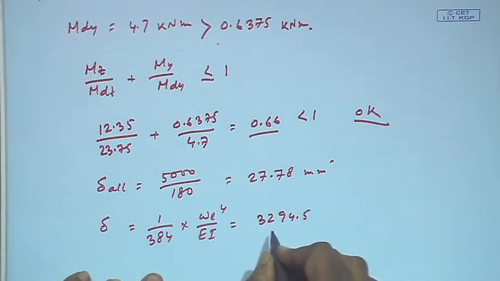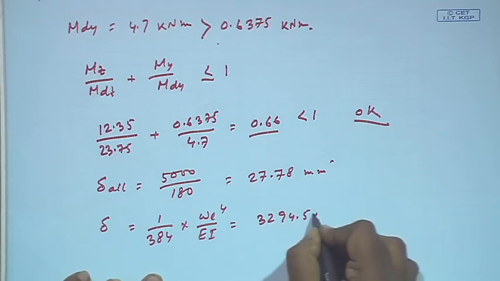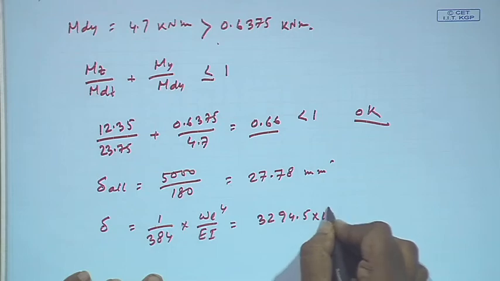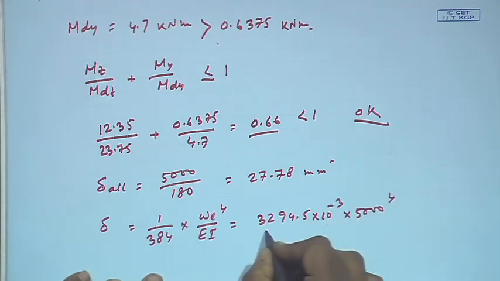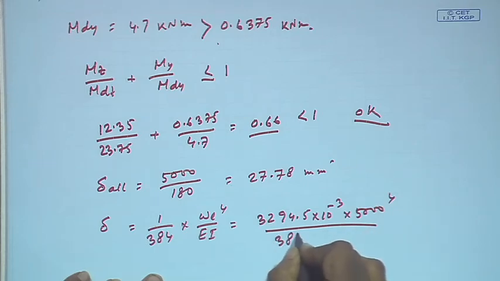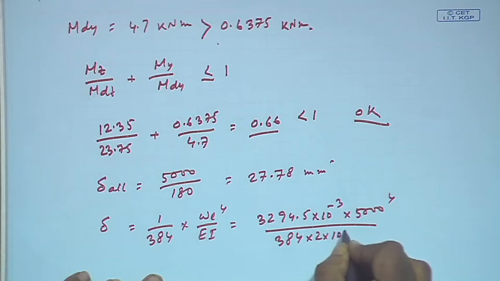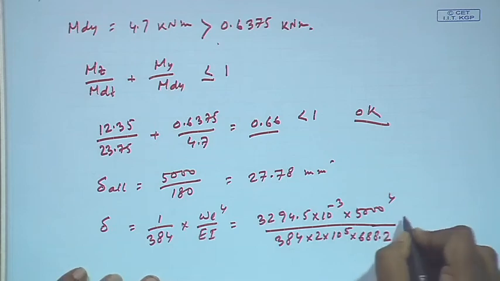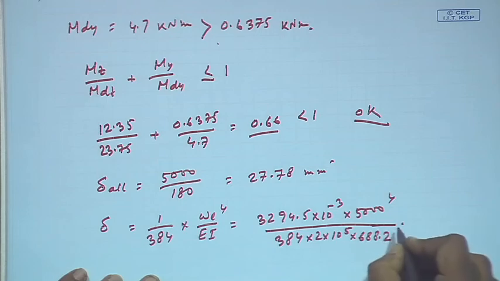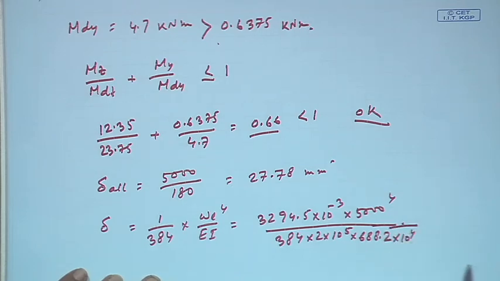Remember, this W is the service load, right, not the factored load. Into 10 to the minus 3 into L to the 4, that is 5000 to the 4 by 384 into EI. E is 2 into 10 to the 5, I is 688.2 into 10 to the 4, right.